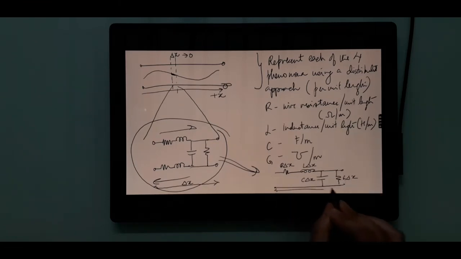Whereas this length is still delta x. So we'll pause here for the time being.